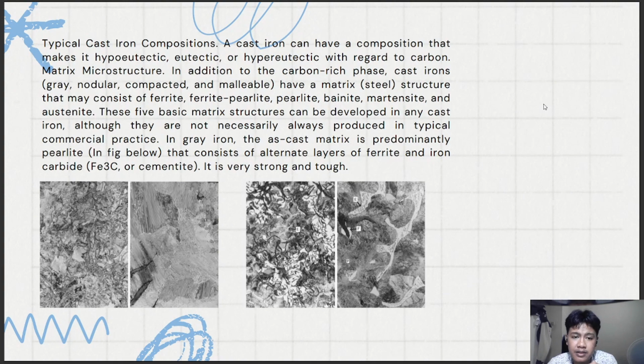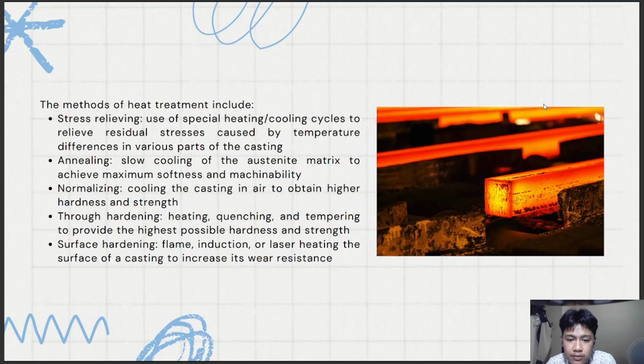These five basic matrix structures can be developed in any cast iron, although they are not necessarily always produced in typical commercial practice. In gray iron, the as-cast matrix is predominantly pearlite, which consists of alternate layers of ferrite and iron carbide. It is very strong and tough.